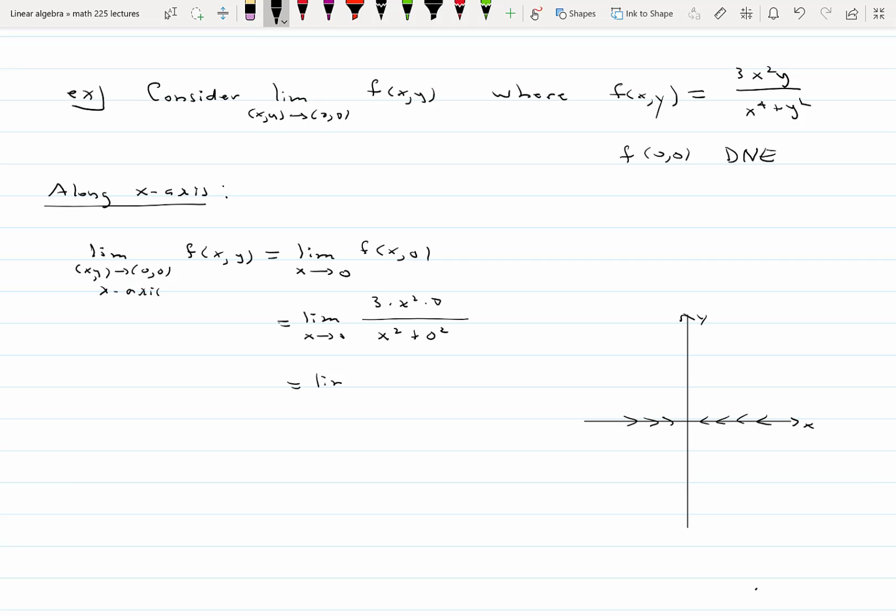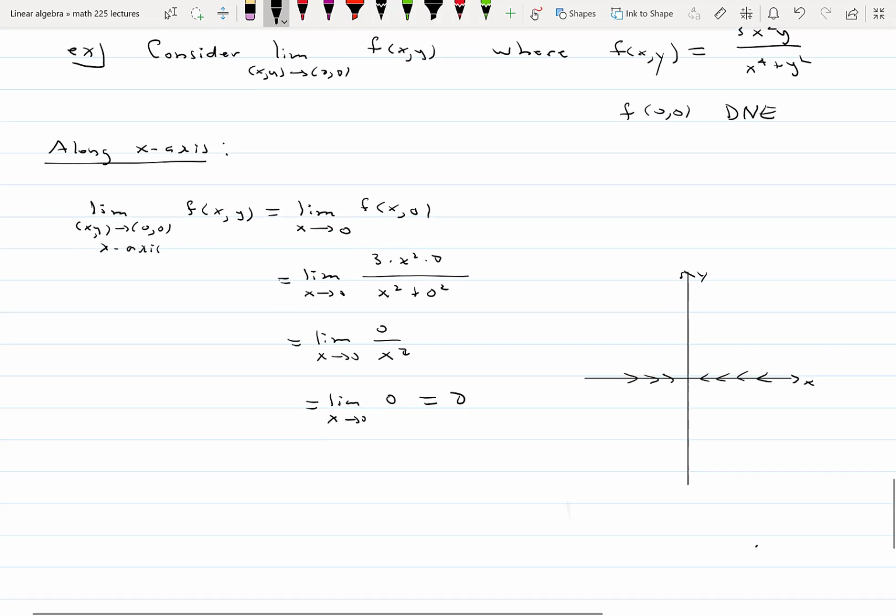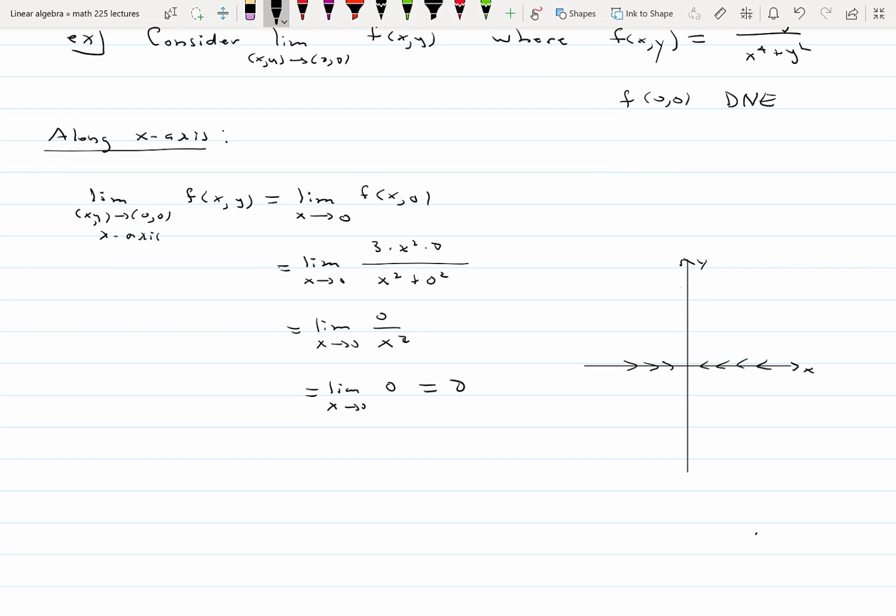We're going to get something very similar to what we got in the last example. Limit as x approaches 0 of 0 over x squared. 0 over x squared is just 0. And the limit of 0 is 0. So that's a start. Okay, now let's come in toward the origin along the y-axis.